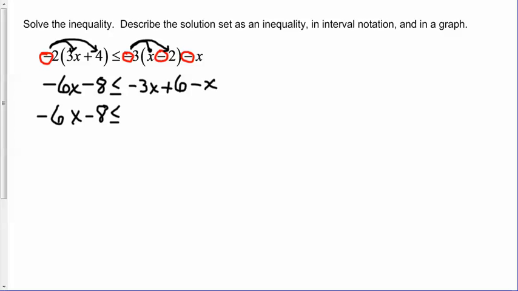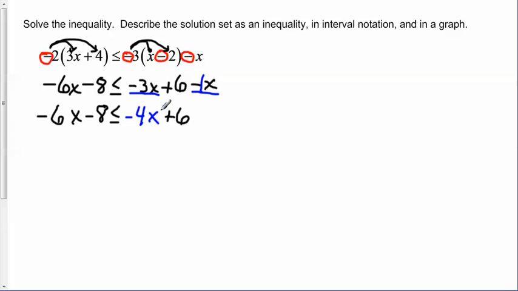Now we're going to combine this -3x and this minus x. And remember, we can think of that as being -1 times x. So -3 minus 1 would give us -4x, and then that plus 6 is just going to come along. Okay, so each side is now as simple as it can get.